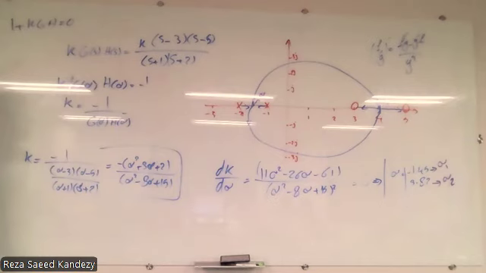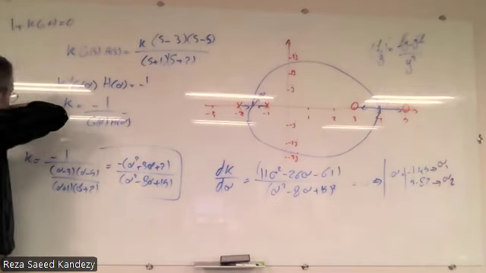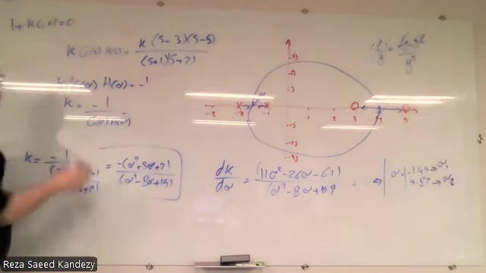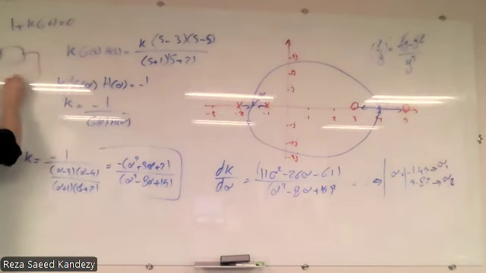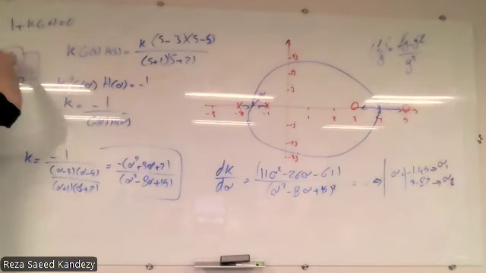The root locus, okay, was the trajectory of the poles when we had a closed feedback. Remember that? That was the definition. So here we have kg and here we have h. So the closed loop would become kg over 1 plus kgh.